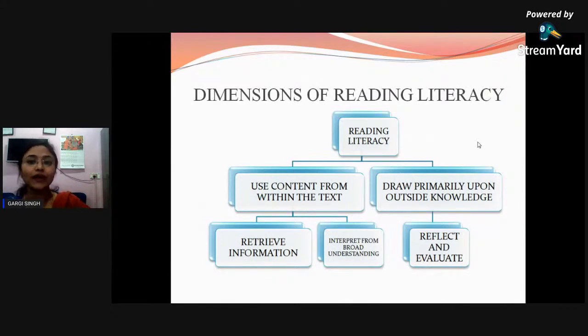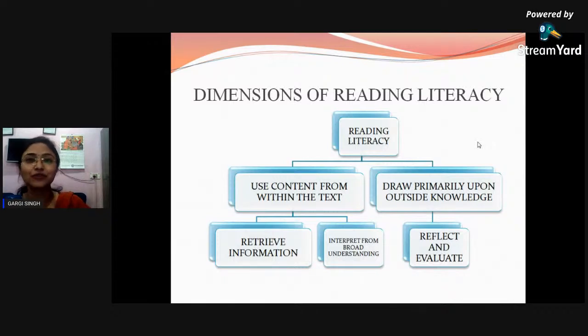Then there is a way of understanding a text where you evaluate it, process it in your mind using outside knowledge relevant to the text, and then reflect upon it. Today I'm going to help you use these ways to develop critical and creative thinking when you get a piece of information or some task.